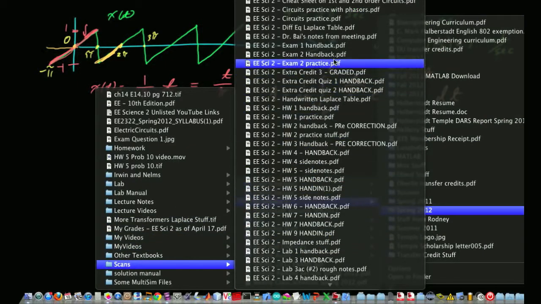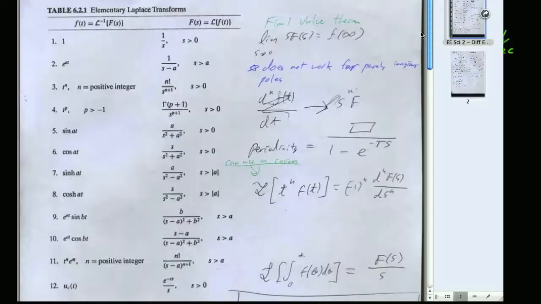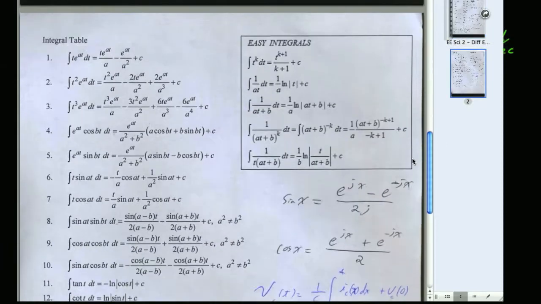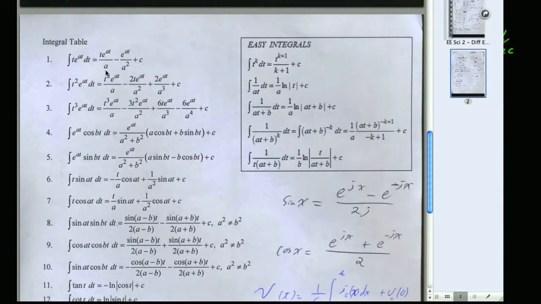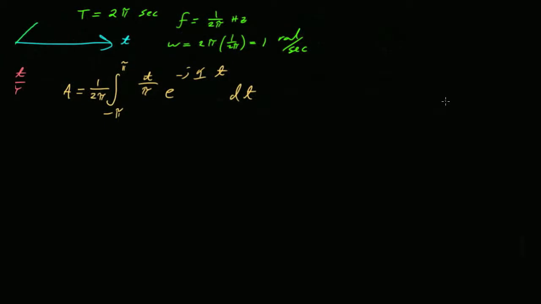All right, let's see. t e to the a t. So I learned this trick for integration by parts. I'm going to break this up like this. Anybody learn this trick? Yeah. So on the left side, I'm going to take the derivative. On the right side, I'm going to integrate. So 1 over a e to the a t, 0, 1 over a squared e to the a t.